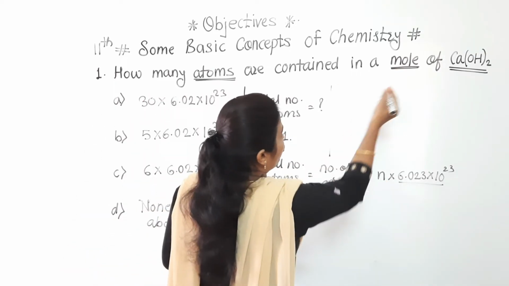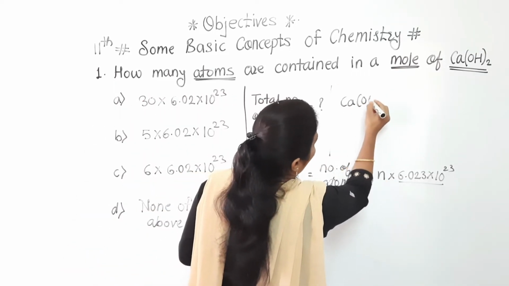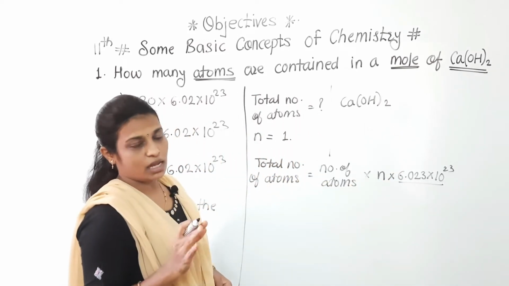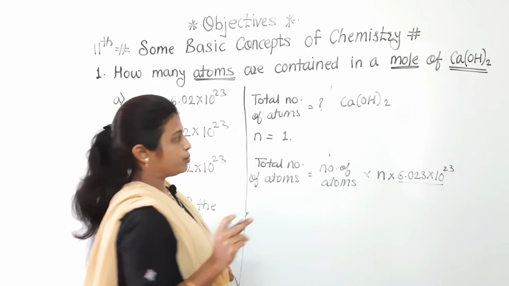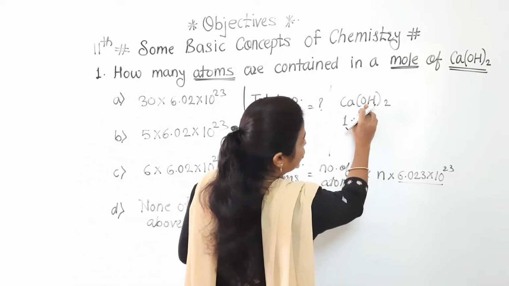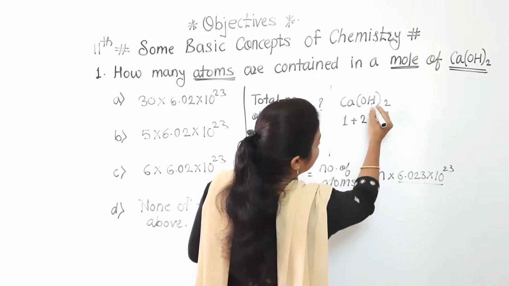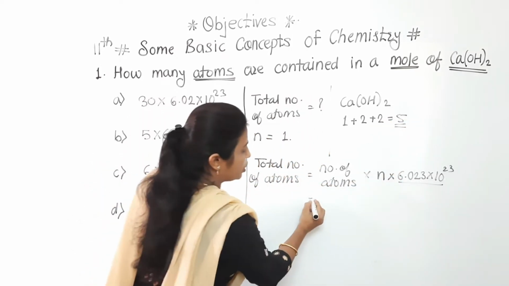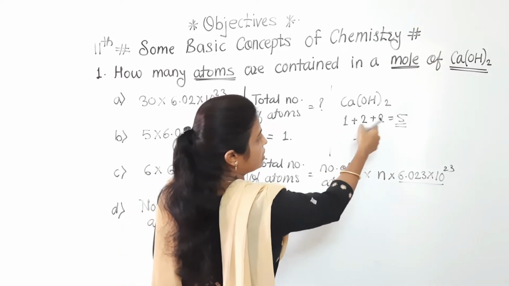Number of atoms. What is that? Ca(OH)2. Now here we are going to discuss how many atoms are there, or simply what is the atomicity. Now see, 1 calcium plus that 2 is multiplied to this one, means 2 oxygen plus 2 hydrogen. So atomicity is 5. So here number of atoms means we are going to consider the atomicity.